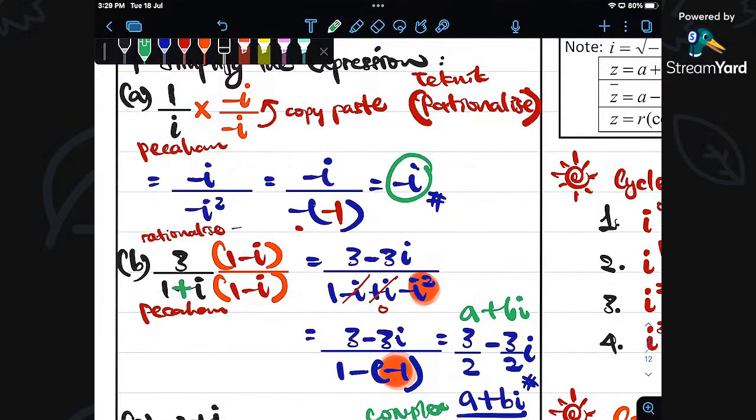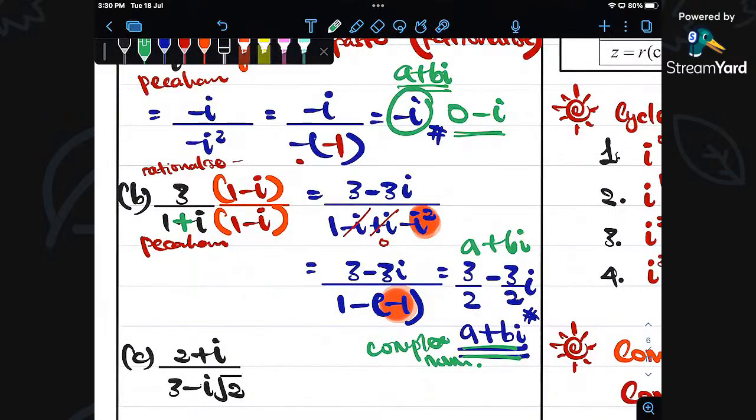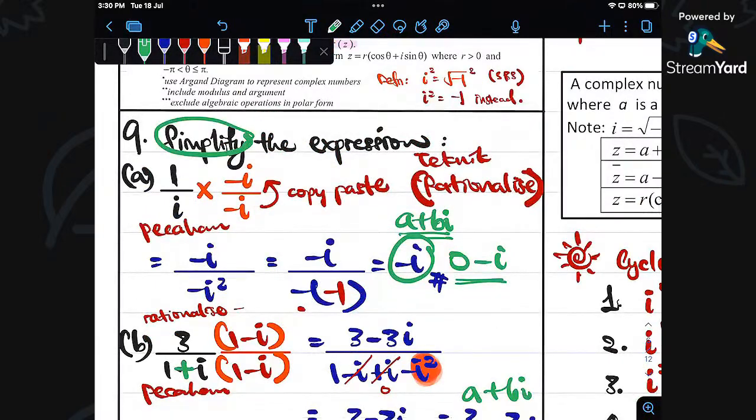Cumanya, the real part is 0, so 0 tidak perlu tulis. Penulisan masih dalam bentuk A plus BI. Itulah jawapan terakhir setiap kali soalan meminta simplify.